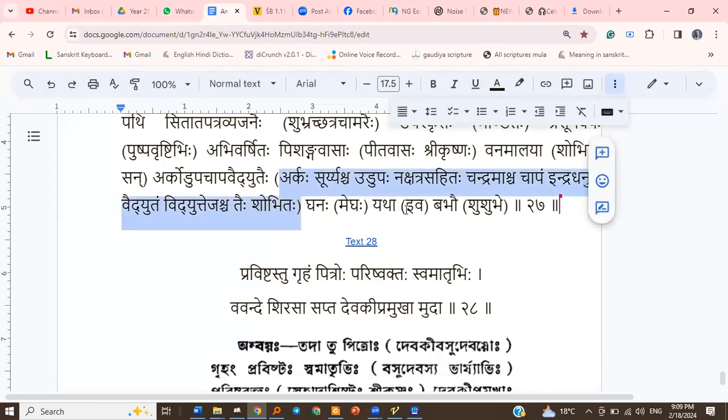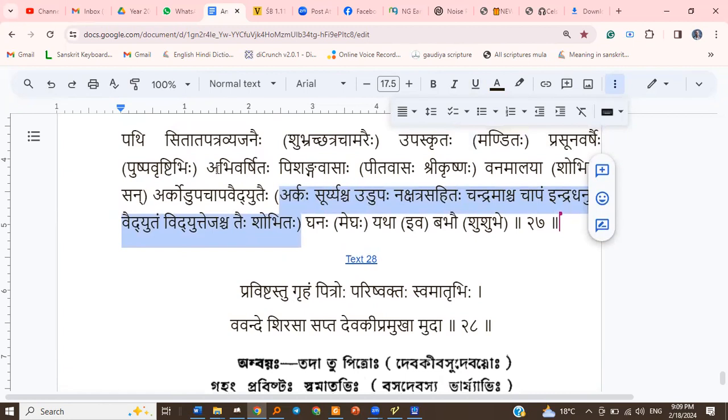Just like a cloud is accompanied by, and thus beautified by, the sun, the constellations, the rainbow, the lightning, similarly the Lord was looking beautiful as he was wearing the garlands, and he was in his yellow attire, the Pitambara, and all the other descriptions given of him.